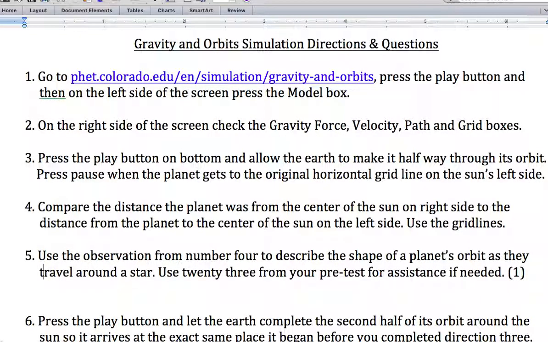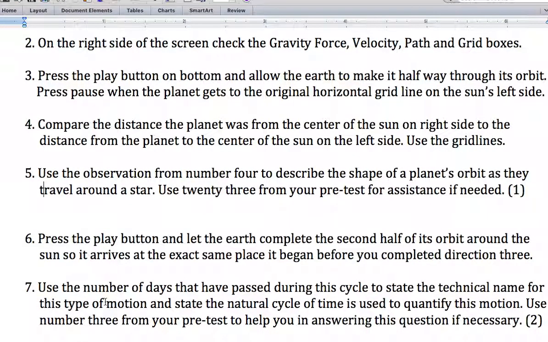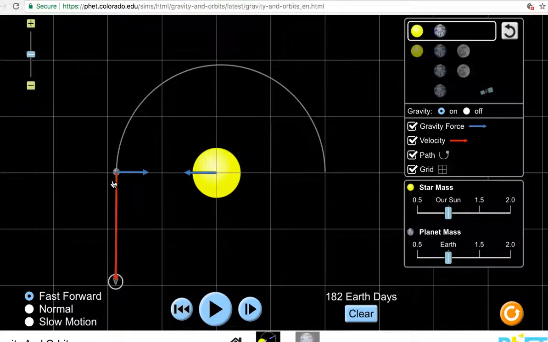I know at first glance it might seem circular, but it would have to be equal in distance at all points in its orbit if it was circular. So since there is some difference, this little space right here, that means it's elliptical.